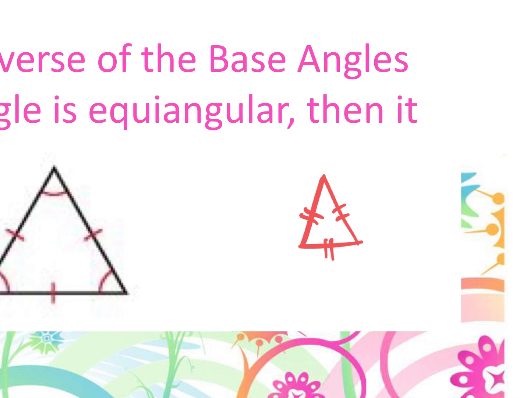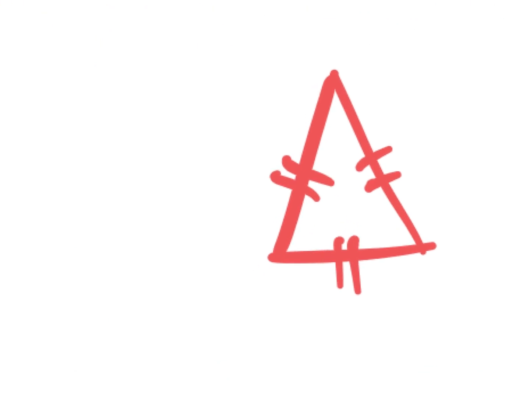Now, using these theorems, what else do we know about this triangle? It's equiangular. More specifically, what is the measure of each of these angles? 60. It has to be 60 degrees, okay? So anytime you're given equilateral, it automatically infers it's equiangular as well. Anytime you're given equiangular, you automatically infer it's got to be equilateral. You cannot have one without the other.